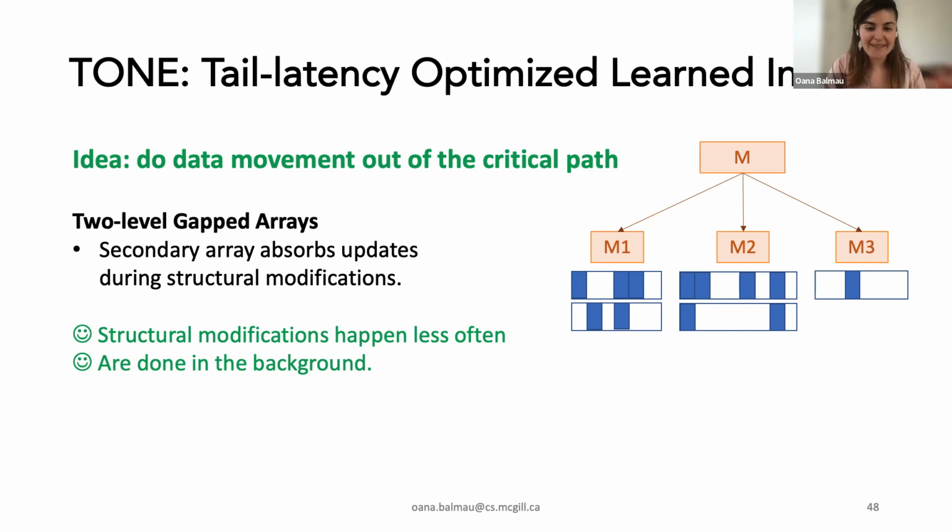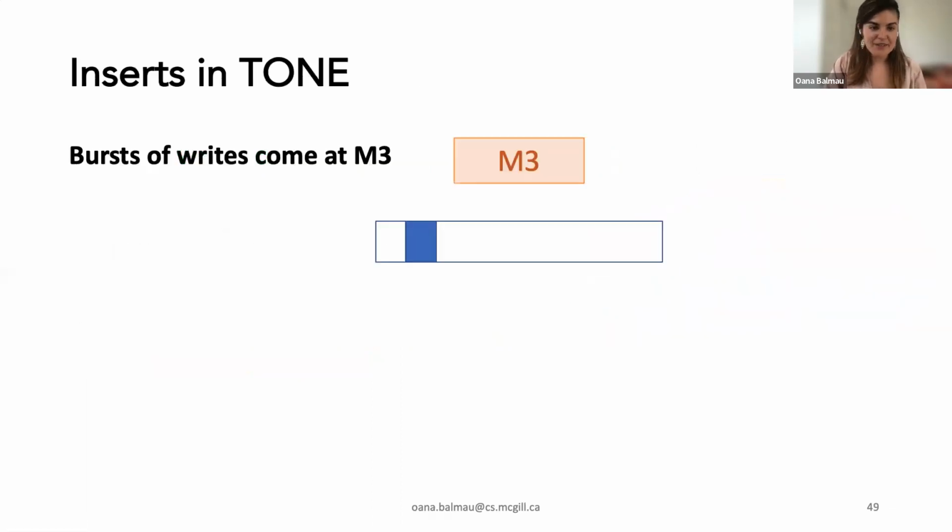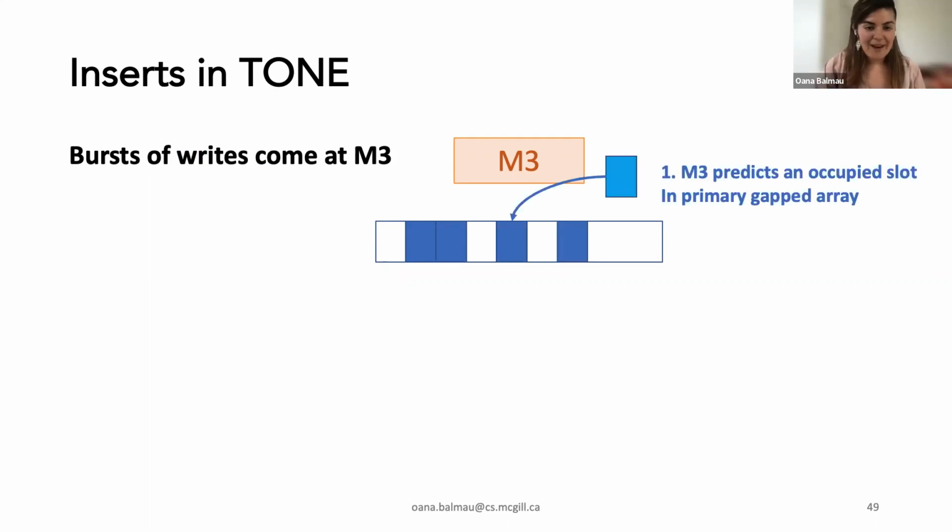And I'll show you why by focusing on this node here, M3. So let's say we have M3, we have a relatively empty gapped array, bursts of writes come at M3, we have a write-heavy workload. Maybe now there's another element that the model predicts should be in an occupied slot in the primary gapped array.